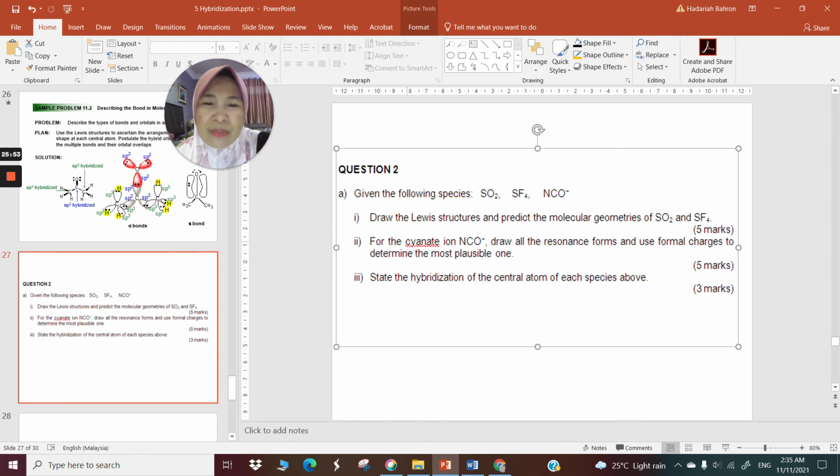Number 2, for the cyanate ion, OCN minus, draw all the resonance forms and use formal charges to determine the most plausible. Remember about formal charges, you might be getting more than one possible, but look at the most probable. And then number 3, state the hybridization of the central atom of each of the species above.